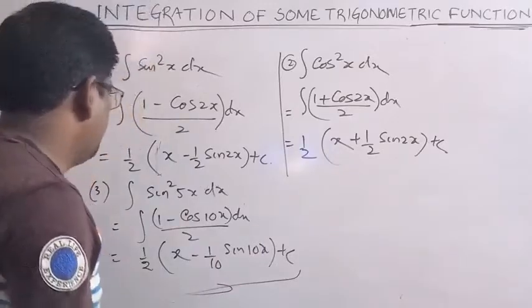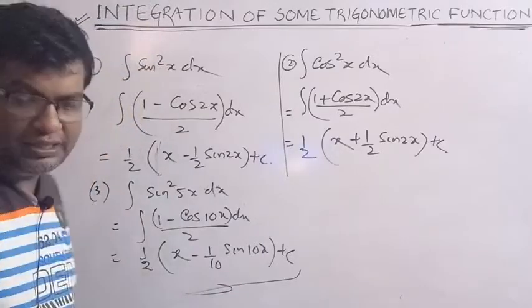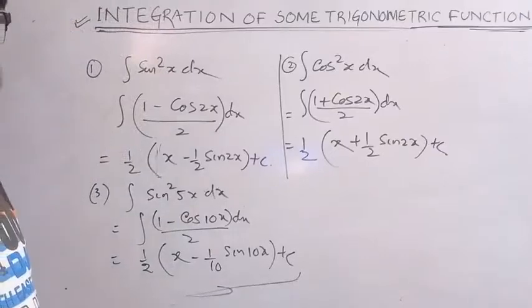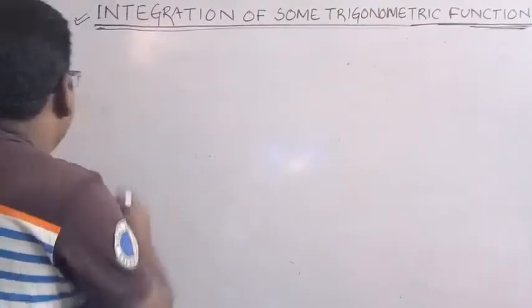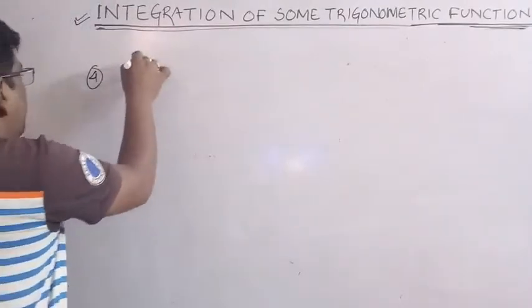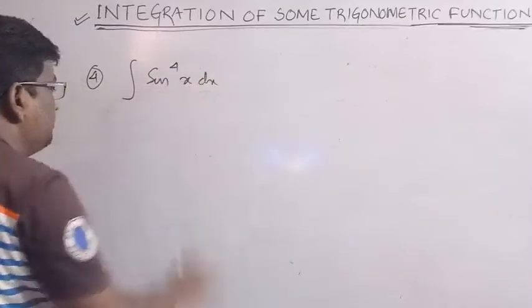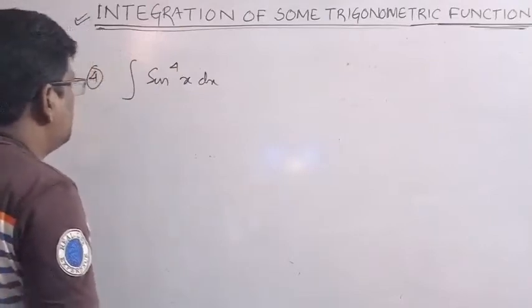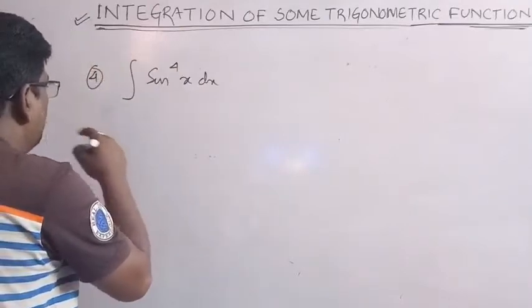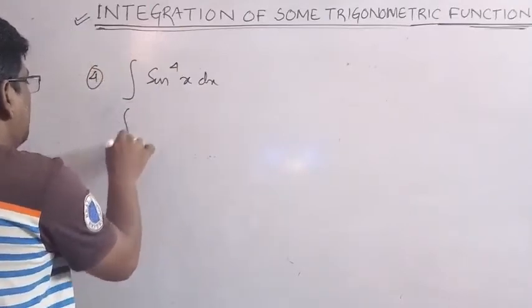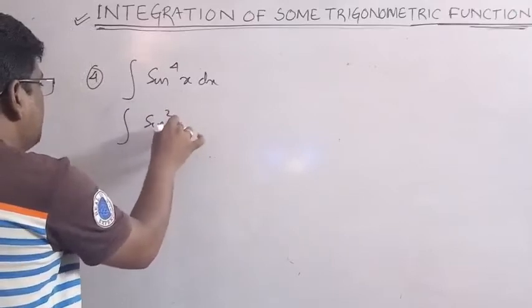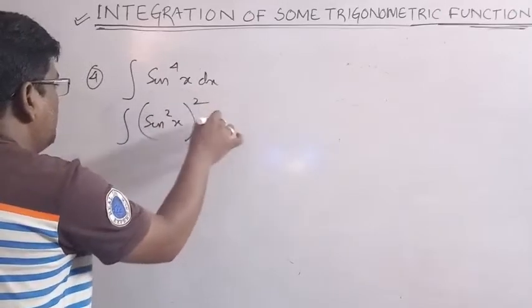Okay, now another example. Now integration of sin 4th x dx. We have to choose sin square x. This is equal to sin square x whole to the power 2 dx.